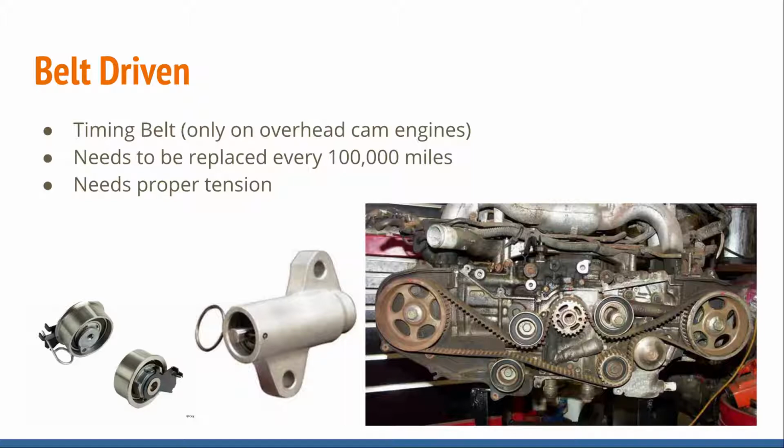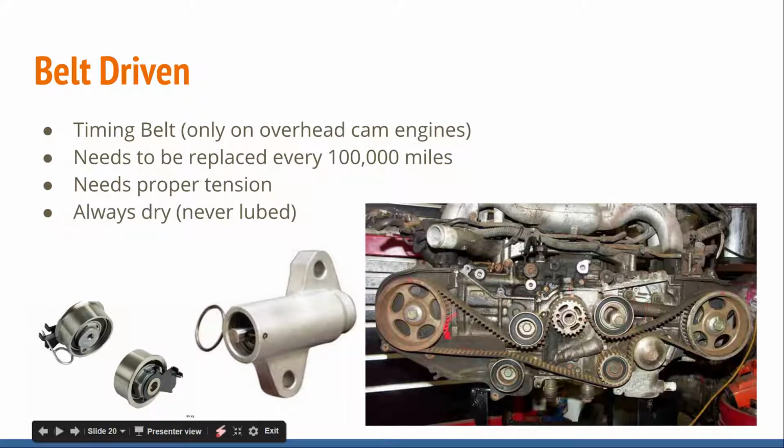On those engines, your timing belt can snap, and theoretically speaking, no harm will happen to your engine. But I'd say probably about 80% of your engines are going to be interference engines. So always replace timing belts on time. Timing belts are always dry, never lubed. So you see the area right here, there's some plastic covers that cover that. Whenever you have a timing belt, it's never going to be a wet chamber. It's always going to be dry.